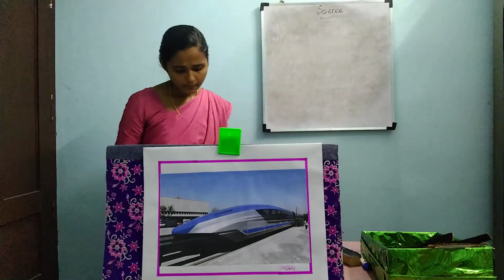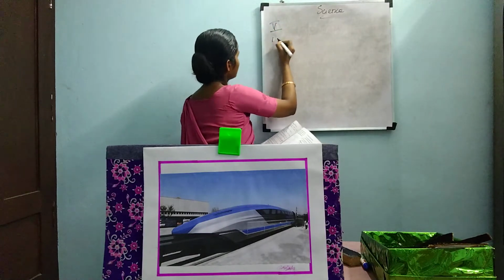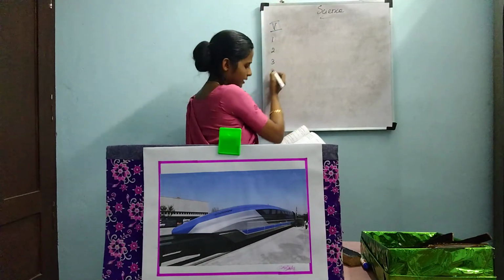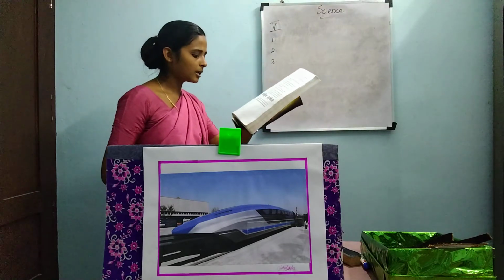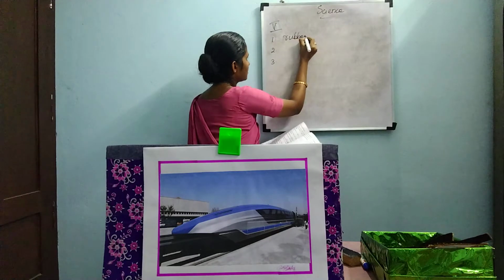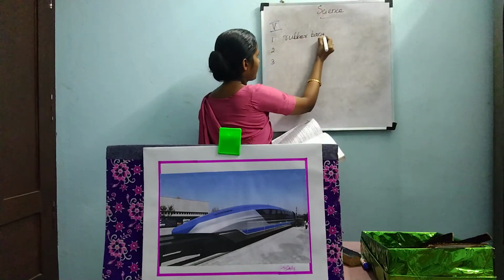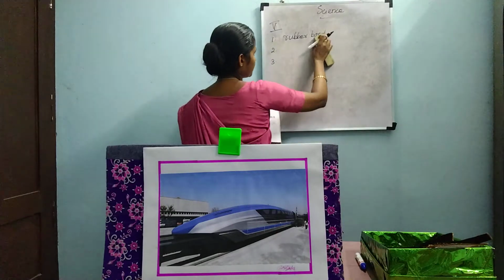Okay, and Roman number 5. Question number 1. Iron nail, pins, rubber band, needle. Circle the rubber band.